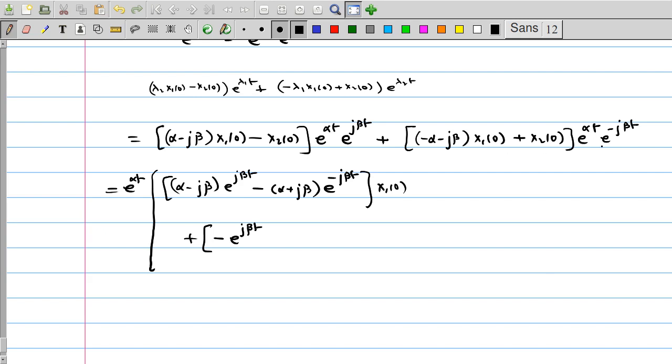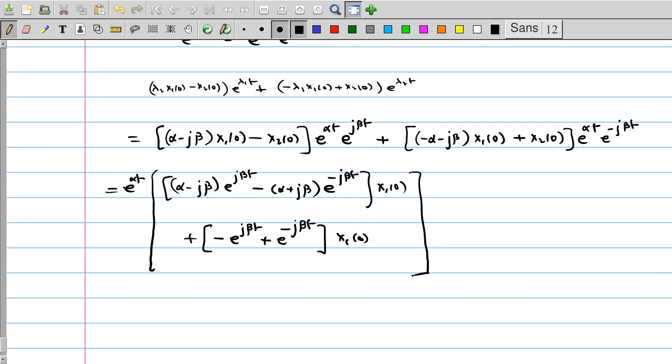Plus e to the power of minus j beta t, which is again the same thing. These two are complex conjugates of each other and they are subtracting. So this is also going to be imaginary, and multiplying that with an imaginary number will lead to a real thing. It had better be. So that's basically what it's going to be.